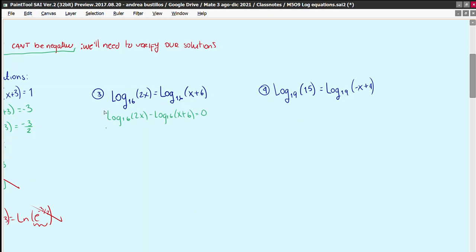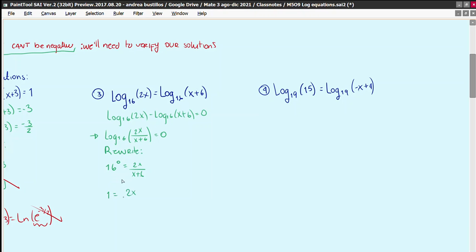Now, these two logarithms are subtracting each other, meaning I can condense them as a quotient expression. From here, this is my logarithm completely isolated, so I can rewrite this in exponential form. So this is base to the power equals the argument. 16 to the power of 0 is 1.